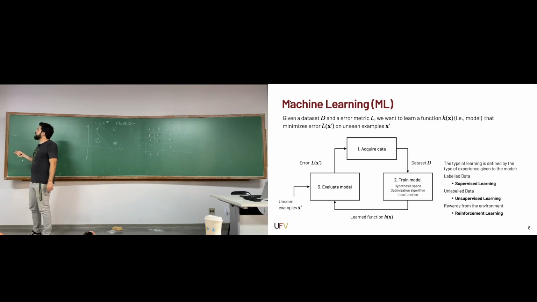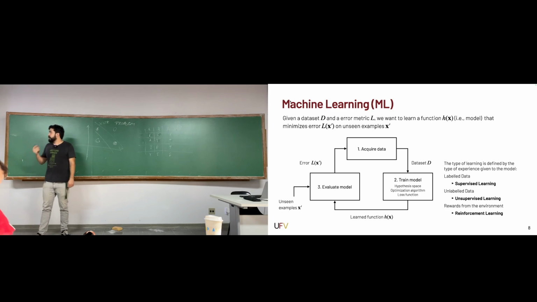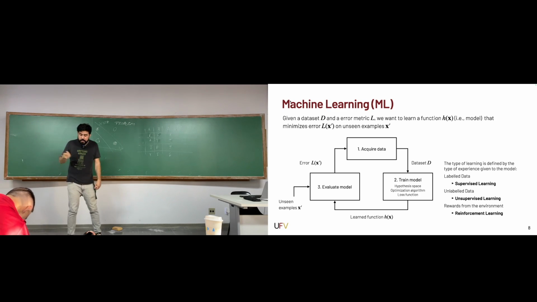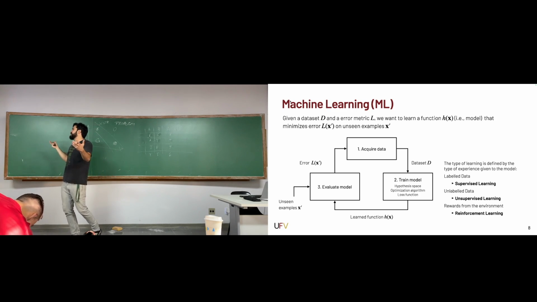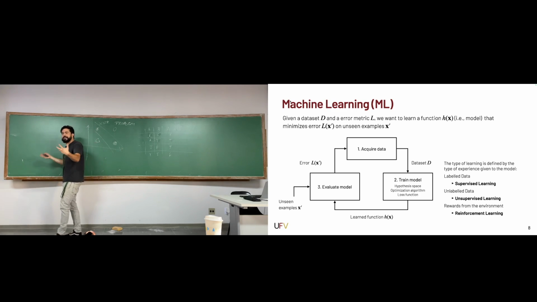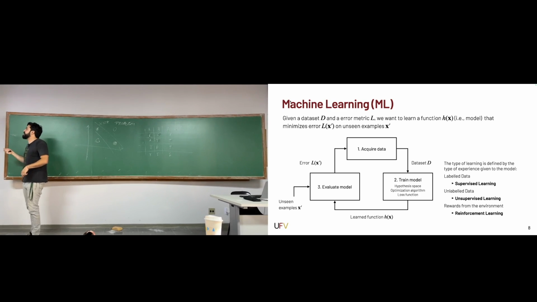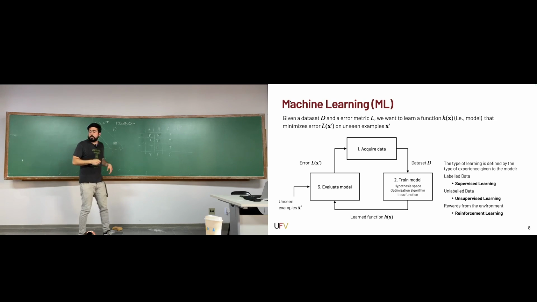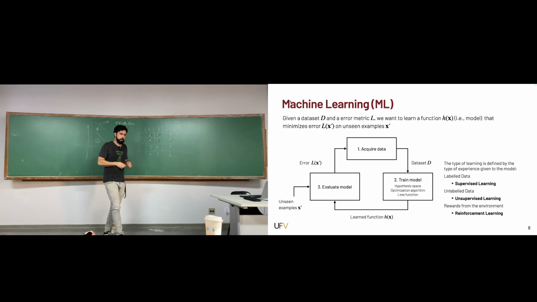If you have unlabeled data, then this is an unsupervised learning problem. And if your data comes from an environment, and the environment provides you rewards, then we're going to call these reinforcement learning problems.